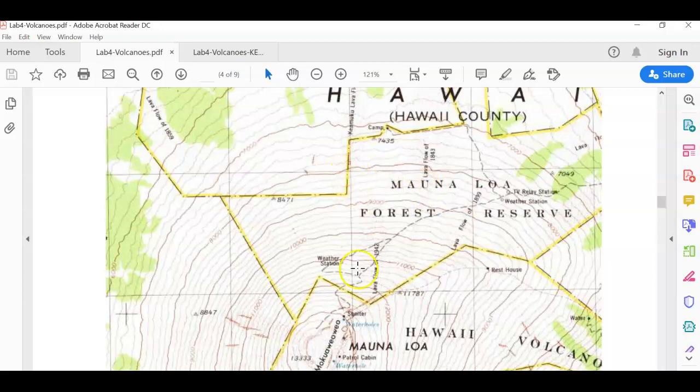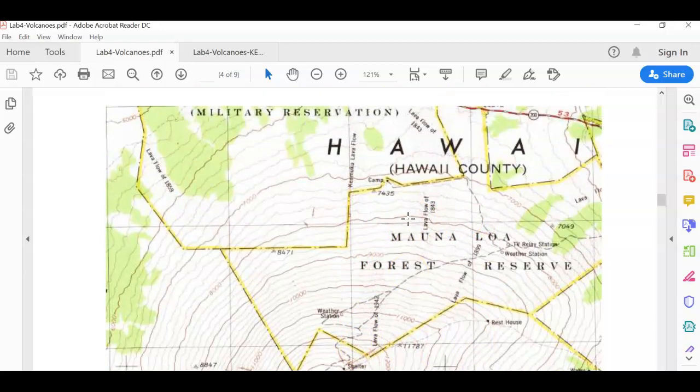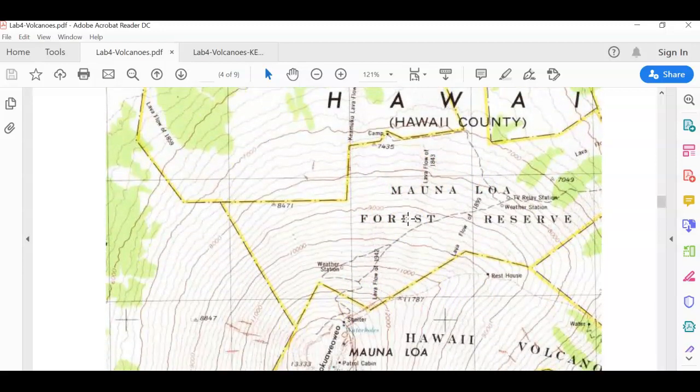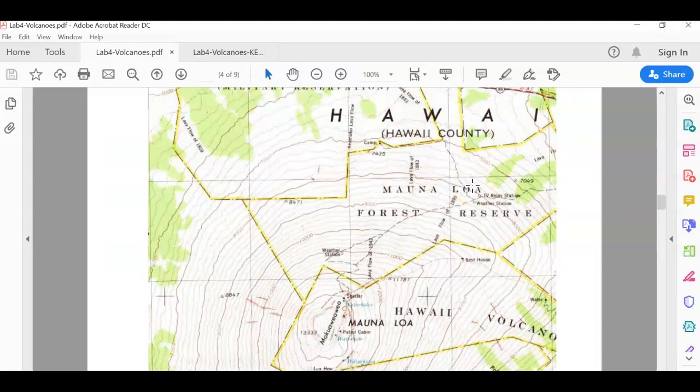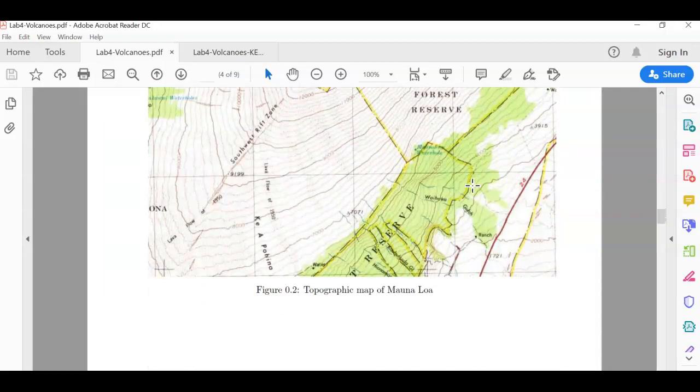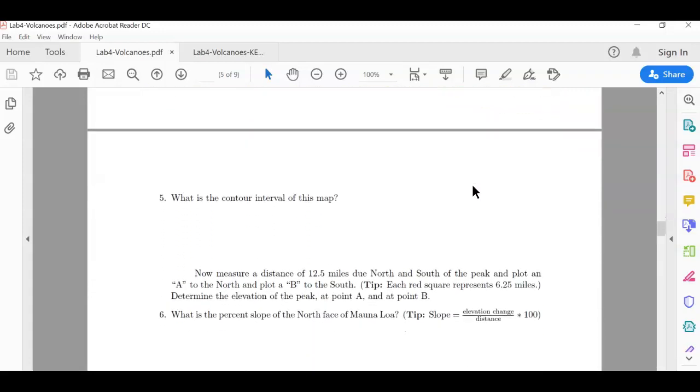So these squares that you see subdividing the map are not 1 mile like they were for the Mount St. Helens map, but these are equivalent to 6.25 miles in each direction, okay? So there's 6.25 miles from here to here, and there's 6.25 miles from here to here. Okay, so that will facilitate things as you go onward.